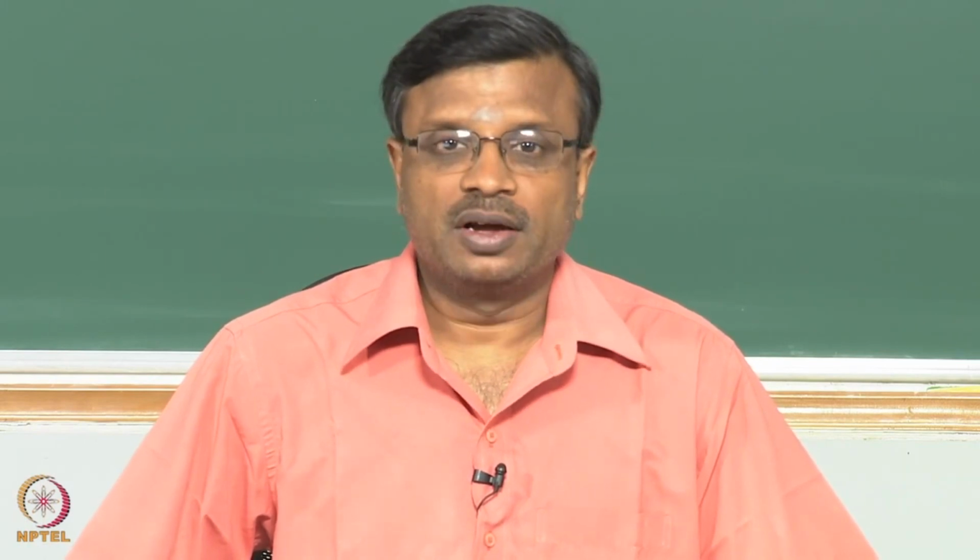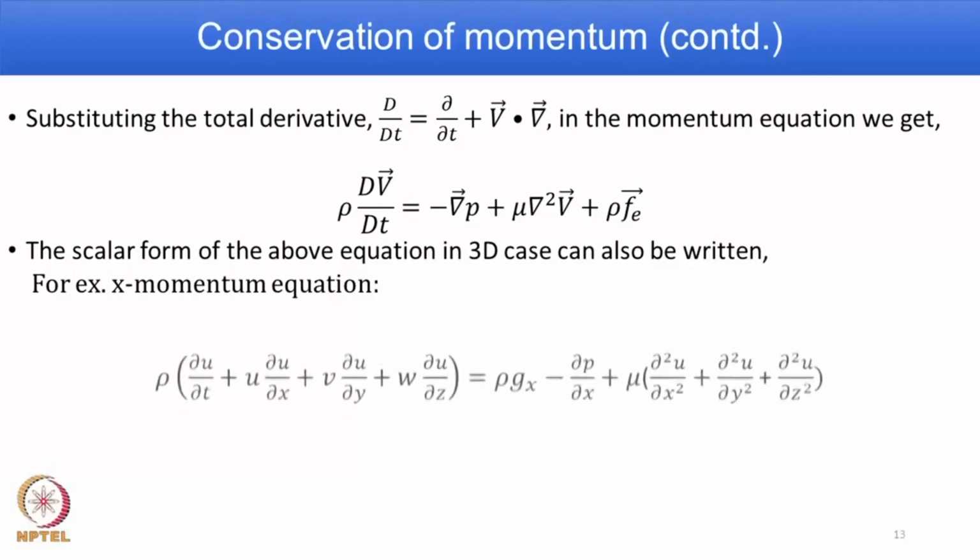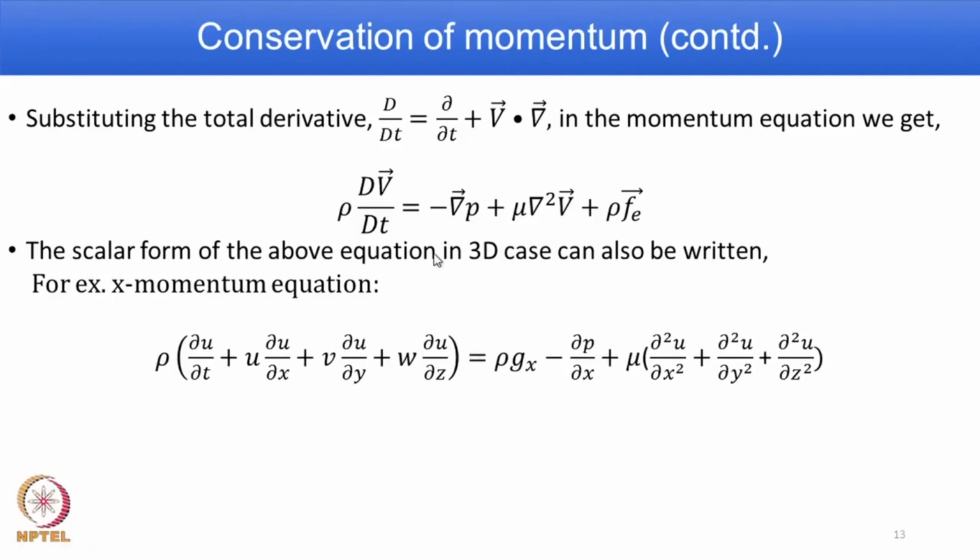For example, we know the three dimensional representation, a detailed expression of the same momentum equation, for the x momentum equation. We know the velocity component along x is u. So, dou u by dou t plus u into dou u by dou x plus v into dou u by dou y plus w into dou u by dou z, and this corresponds to the expansion of this material derivative D by Dt of v on the left hand side.